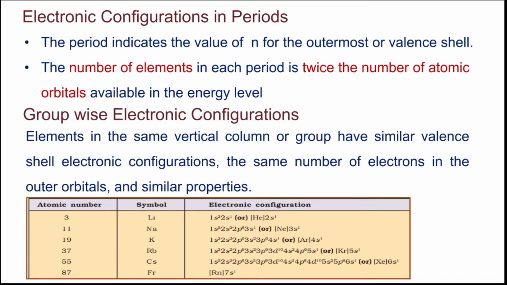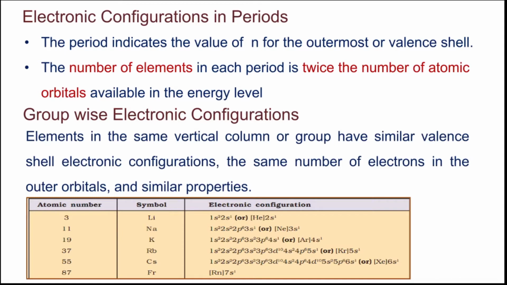Children, look at this table. Here we have lithium, sodium, potassium, rubidium, cesium and francium. This is our first group. If you look at the electronic configurations, you will find that similar valence shell electronic configuration means the last electron enters into the s orbital here.